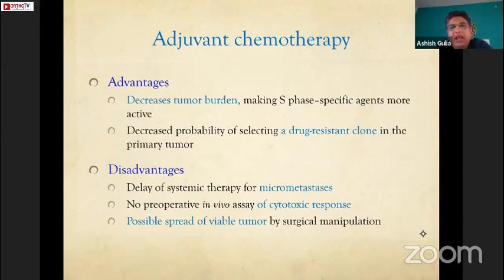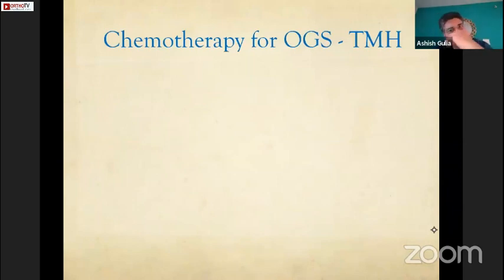But obviously, we will have a much more vascular tumor to operate on. We may not be able to do a good surgery in many of our patients. A few patients get micrometastasis, and we are not able to assess the response as well. So these are some disadvantages of using only adjuvant chemotherapy, not a combination.